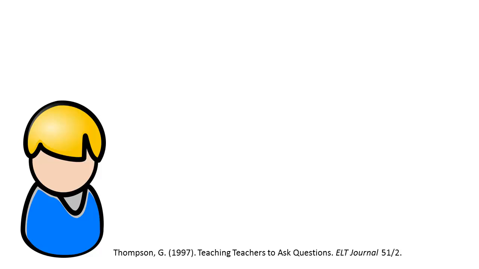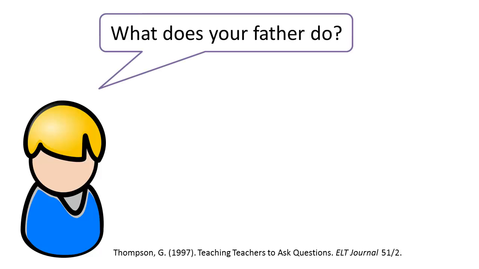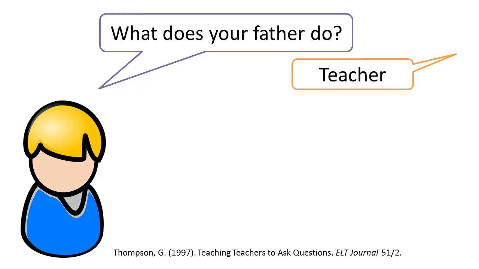So Thompson, in his ELT journal article of 1997, it's quite old, but it's, I think, really worth bringing up. This was a genuine example of teacher interaction in the classroom. The teacher asked, what does your father do? So a trainee teacher. The learner gave him the answer, teacher. So the trainee, yeah, oh, he's a teacher.